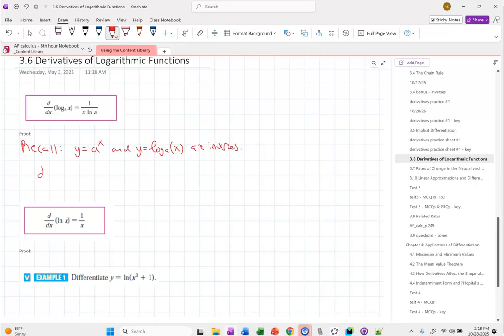So I know then that the derivative, and this is like my f and this is like my g, I'm going to use that same inverse formula from before, is equal to 1 over the derivative of f, so a to the stuff times the natural log of a.